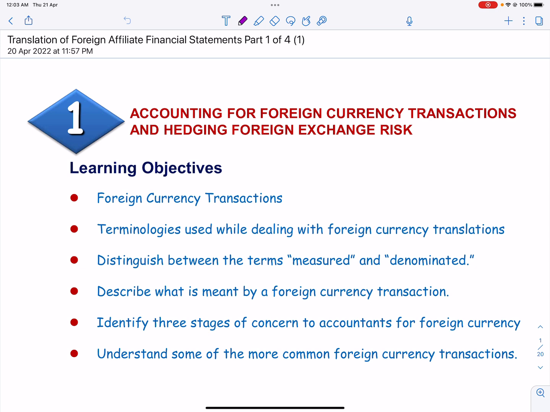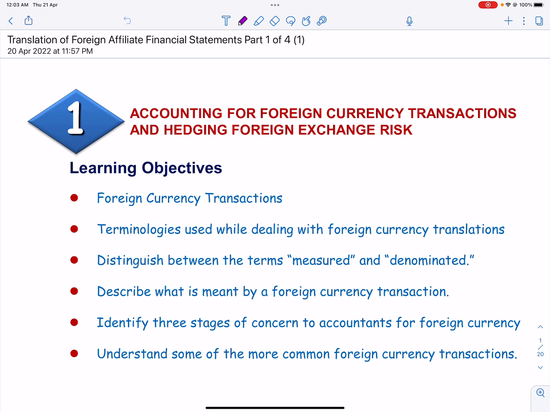In the first part, we will explain the concept of foreign currency transactions and the problems with recording and reporting foreign currency transactions. We will explain the basic terminologies that we are going to use while dealing with foreign currency translations. We will explain the concept and distinction between the term measured and denominated.